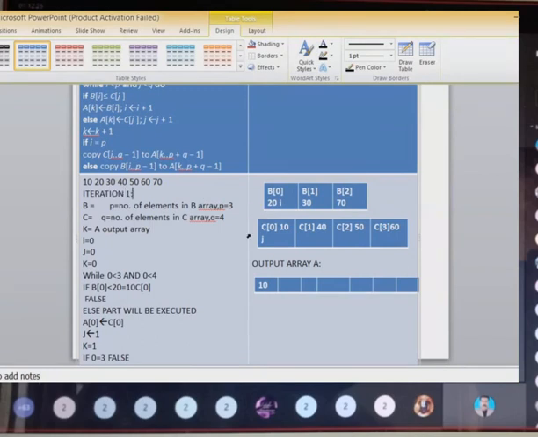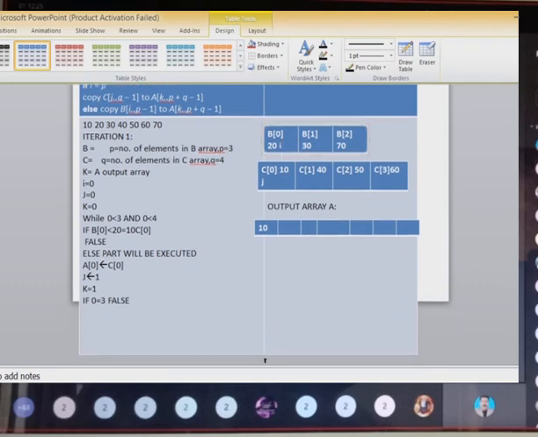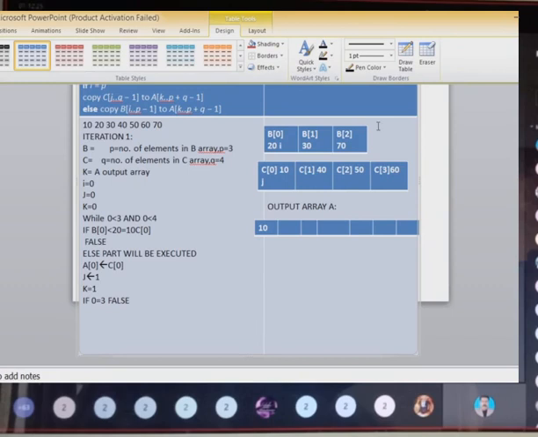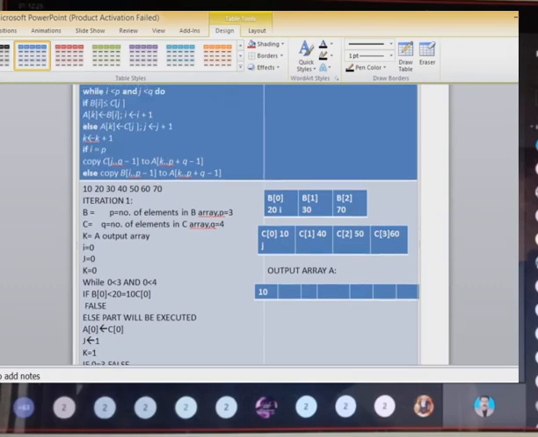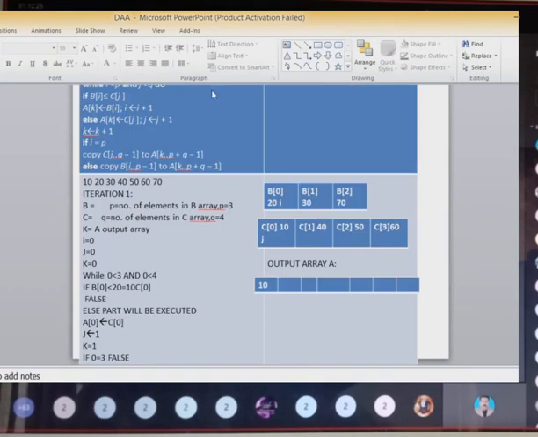Next, now tell me the iteration 2. Okay. This is iteration 1.